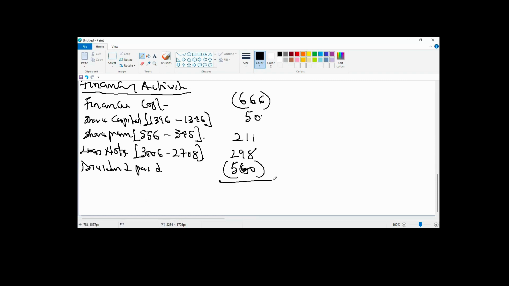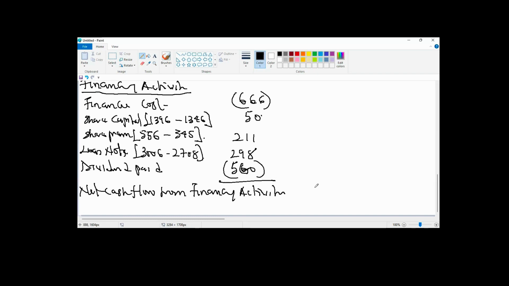That's all. No lease. Out of the 6, they gave me 5. I will sum it up to give me net cash flow from financing activities. What is it? 665?